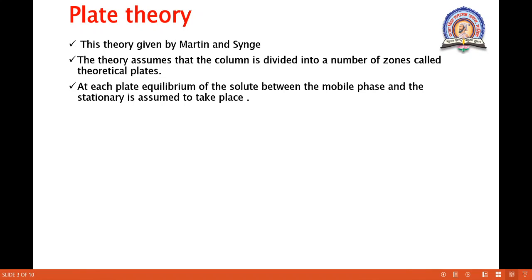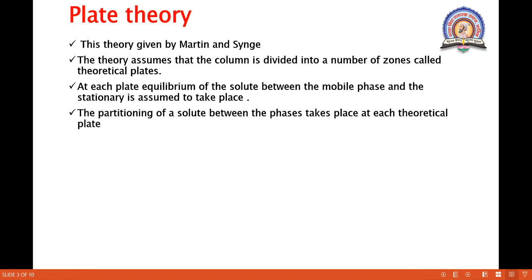Suppose we consider 40 milligrams of sample in the stationary phase and we pass the mobile phase, then what happens? 20 milligrams remain in the stationary phase and 20 milligrams goes into the mobile phase. That means equilibrium is maintained. That's the point: equilibrium of solute between the mobile phase and the stationary phase.